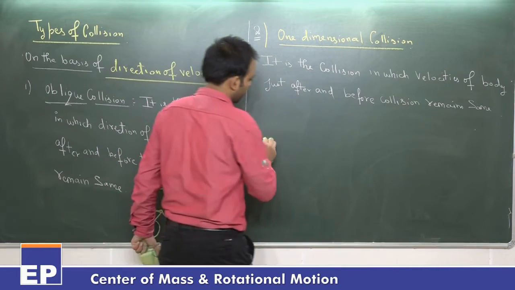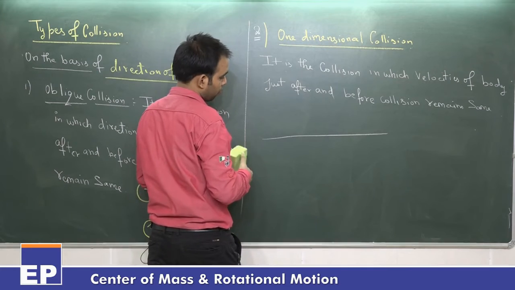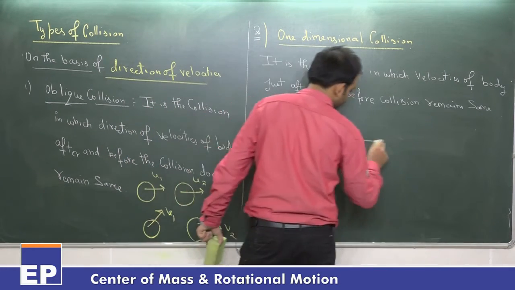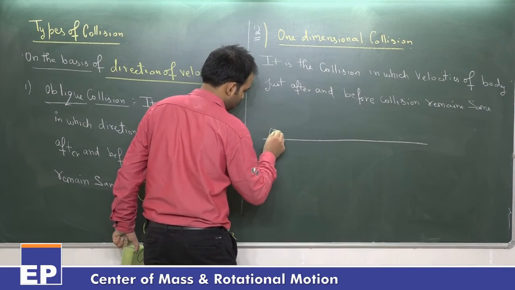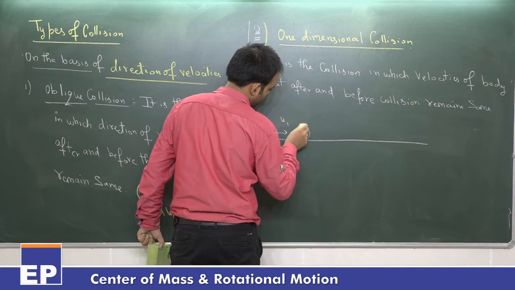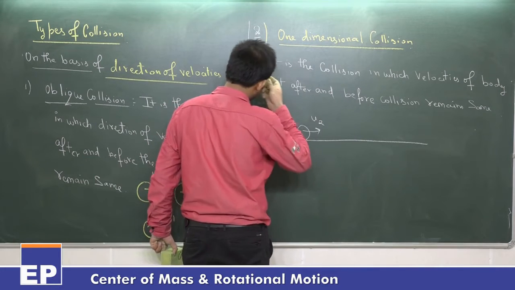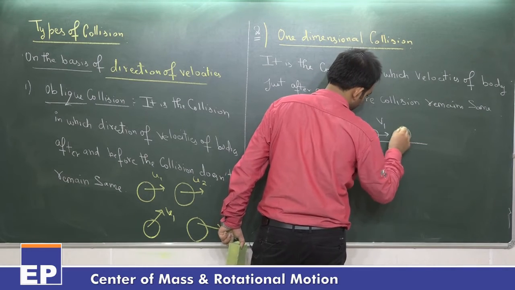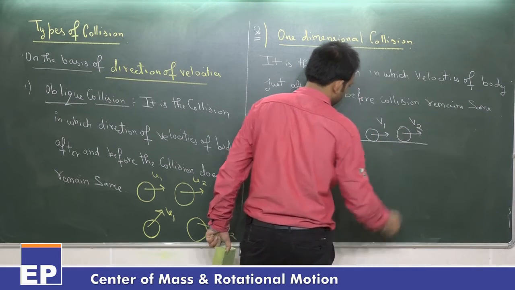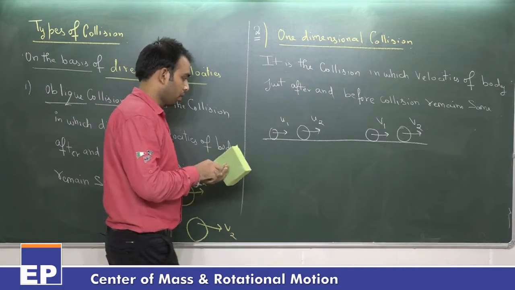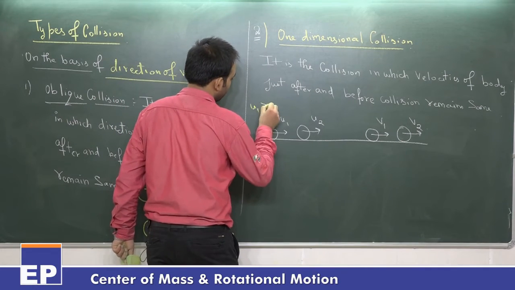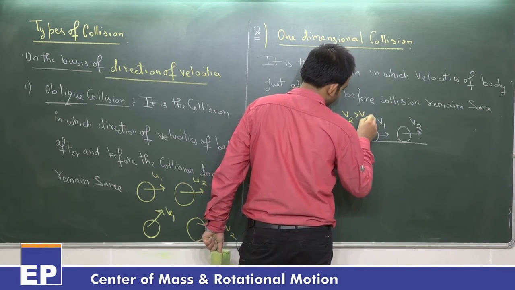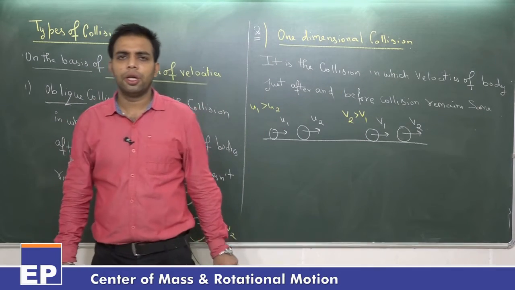In 1D collision, it is moving with u1. Its direction of velocity doesn't change, it will move like this. Remain same, right? Here, of course, after the collision, u1 is greater than u2, and v2 is greater than v1. So this is the thing here.